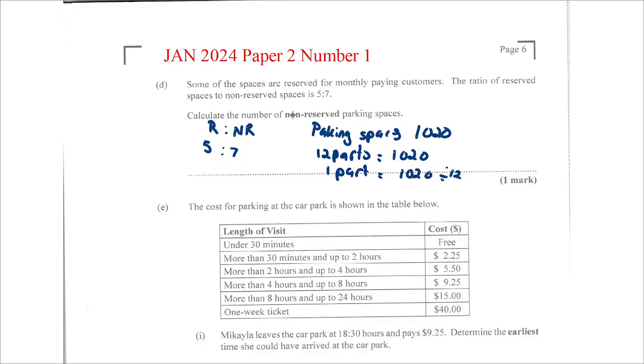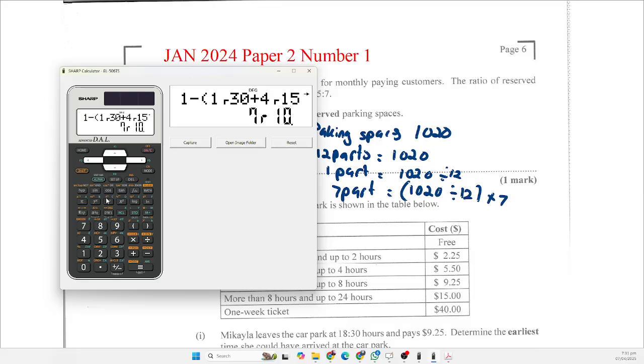And how many parts are we trying to find? Non-reserve, which is 7 parts. 7 parts would be 1020 divided by 12, whatever answer that is, multiplied by 7, and that is your answer. So if I'm going to use my calculator, 1020 divided by 12 is equal to 85, multiplied by 7 is equal to 595.